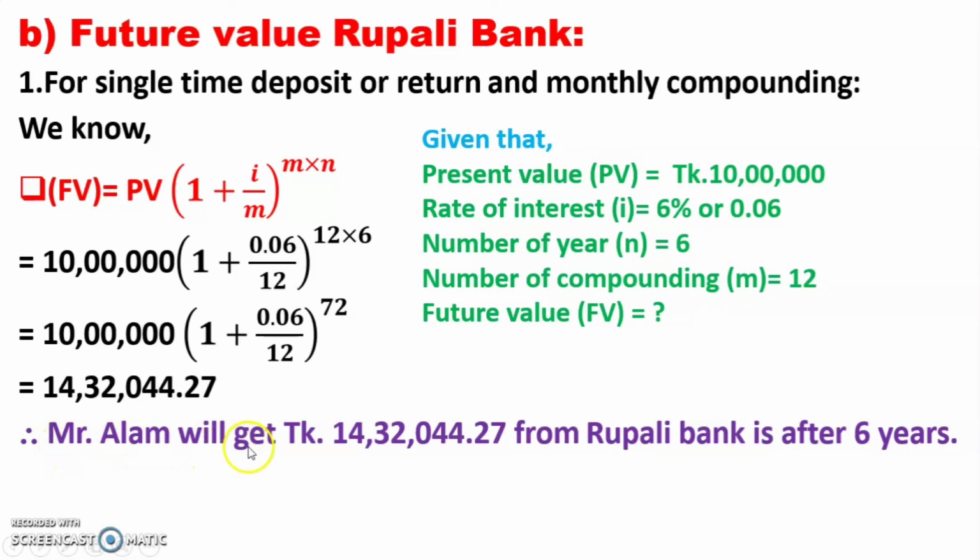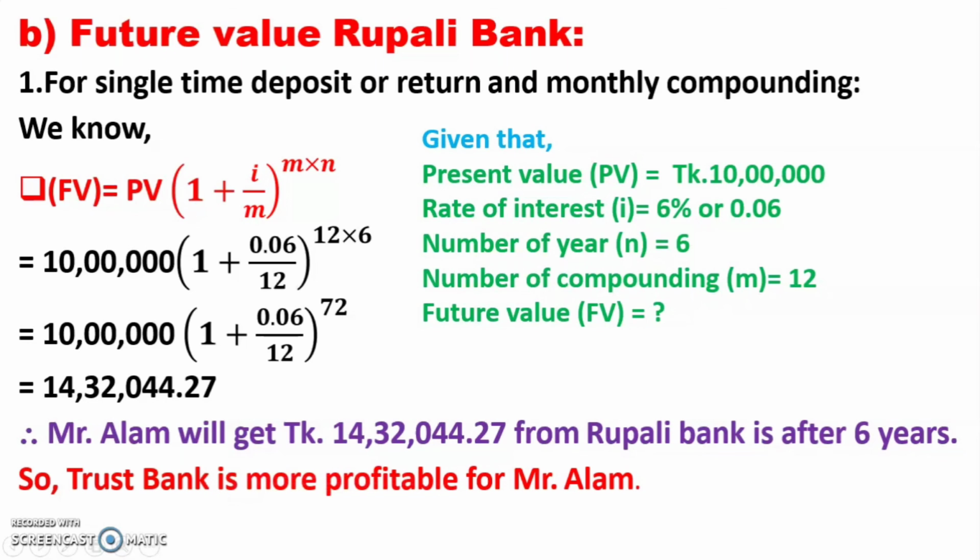Now Mr. Alam will get taka 14 lakhs 32,000 044.27 from Rupali Bank after 6 years.